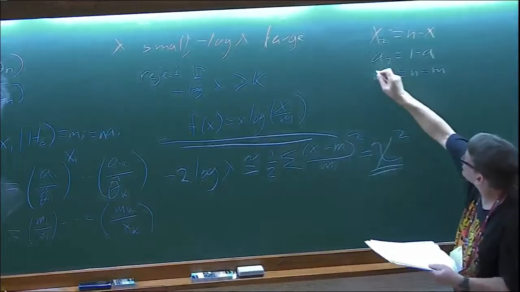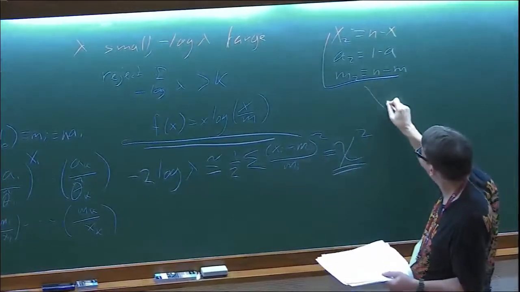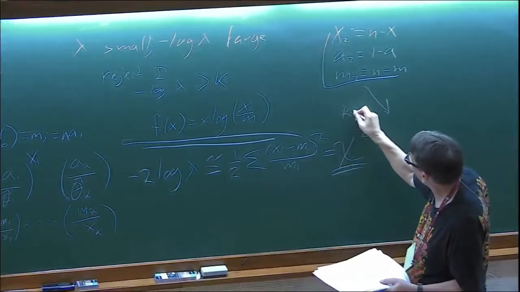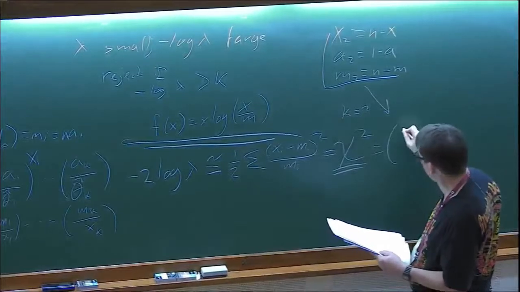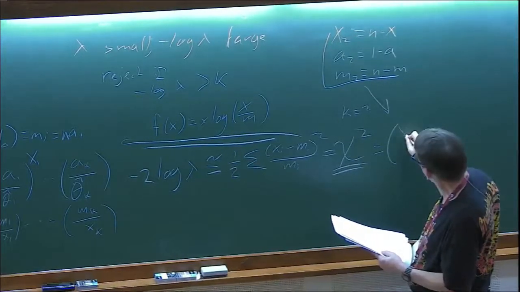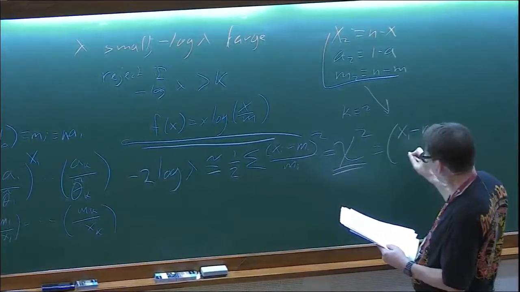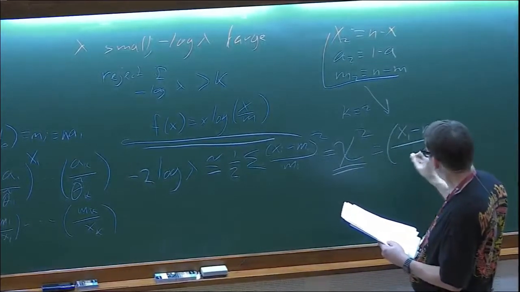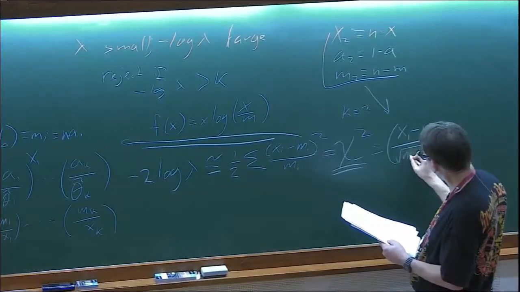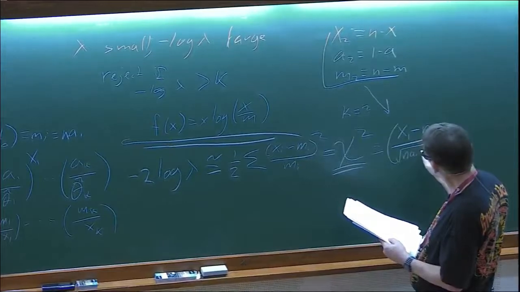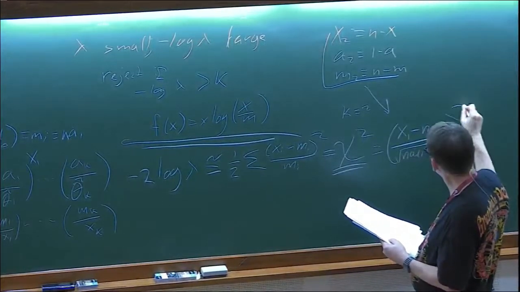And you can essentially use this to substitute in. So for k equals 2, this turns out to come to x1 minus n a1 over, how very interesting, a square root of n a1 times 1 minus a1, now squared.